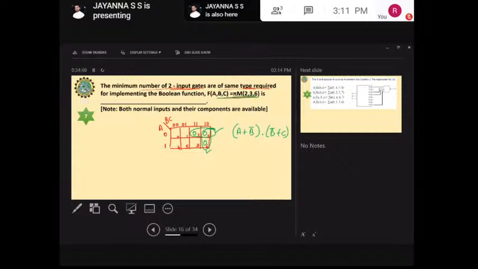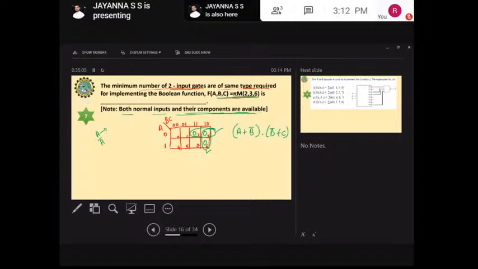If you take this expression, in order to realize this one, they have given a note: both the normal inputs and their complements are available. So you can take A as an input, or you can take A bar as an input. Both normal inputs and their complements are available in this circuit.